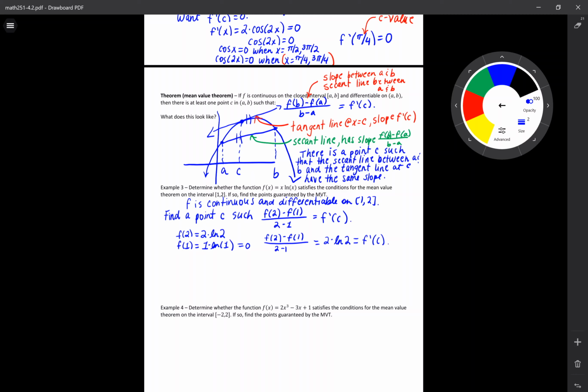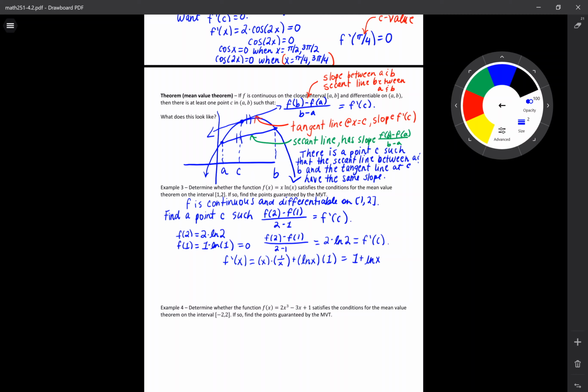Using the product rule on our f of x equals x times natural log of x, I get f prime of x is equal to the first times the derivative of the second plus the second times the derivative of the first. This simplifies as 1 plus natural log of x. So this is my f prime of x.